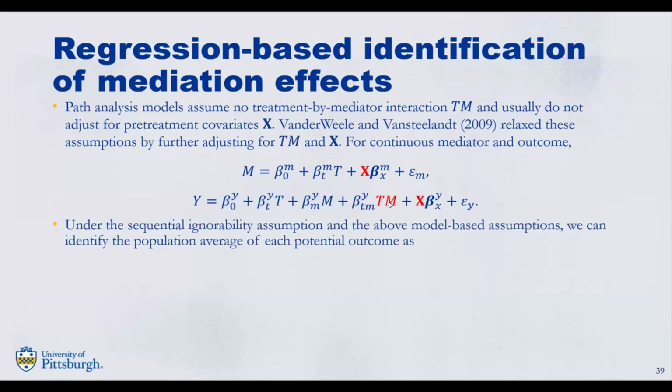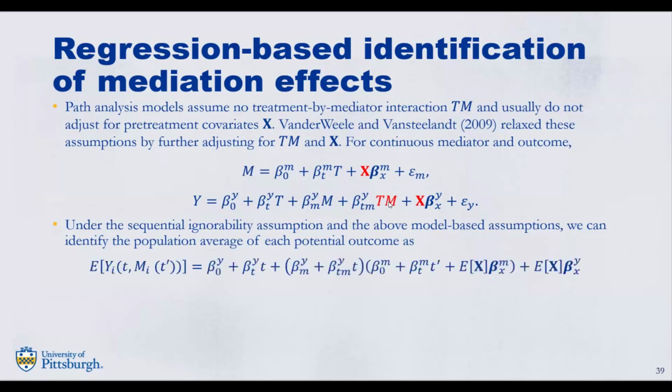Under the sequential ignorability assumption in the above model-based assumptions, we can identify the population average of each potential outcome as this. And here, if you replace T and T prime both with 1, you will get the population average of Y1M1.